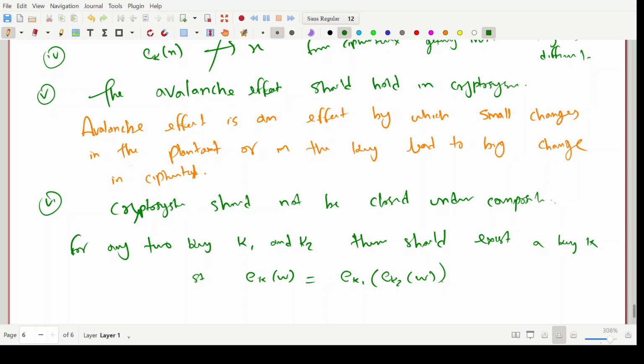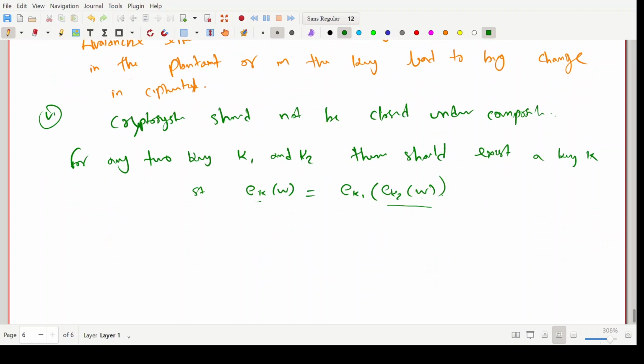That means it should not happen that suppose I'm having a message which I'm encrypting with the key k2 and then the ciphertext I'm encrypting with k1, that can be decrypted just by a single key k. Should not happen.